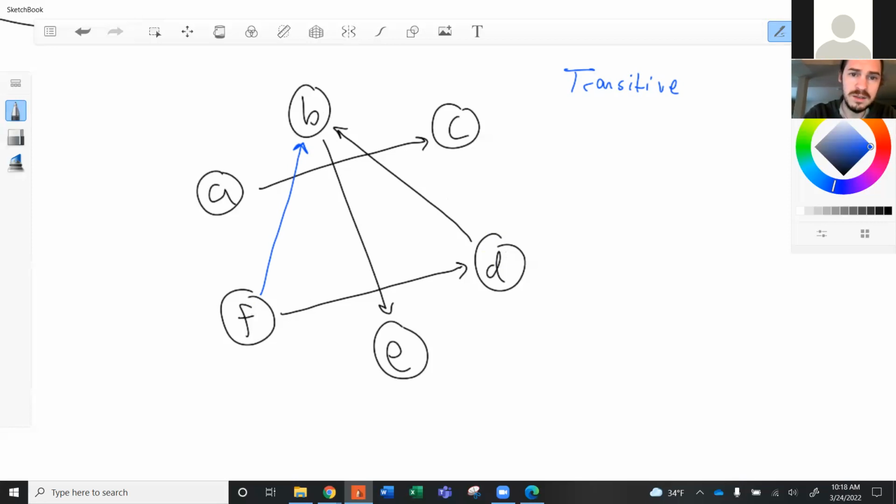F goes to D, D goes to B, so we've got to go F directly to B. Now, we also have D is related to B and B is related to E. D to B, B to E. So I've got to go D to E like that. Can anyone see any other triangles that need to be completed in order to satisfy the transitive property?